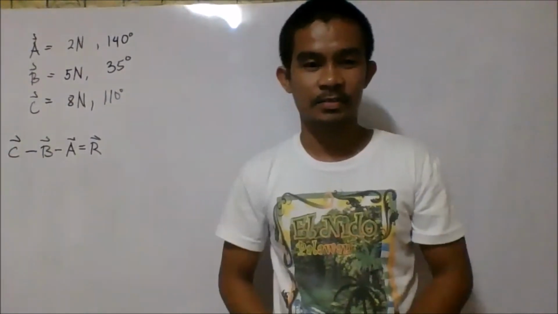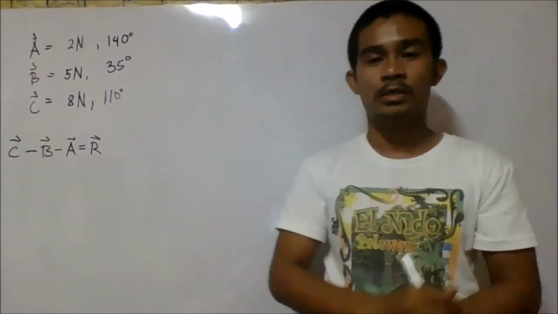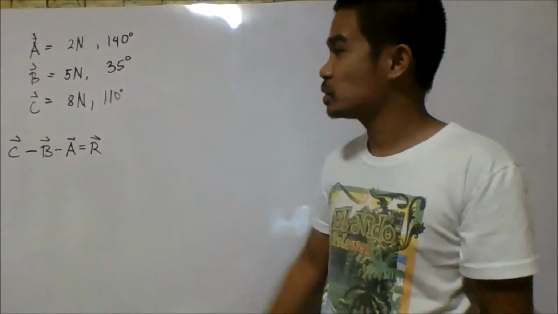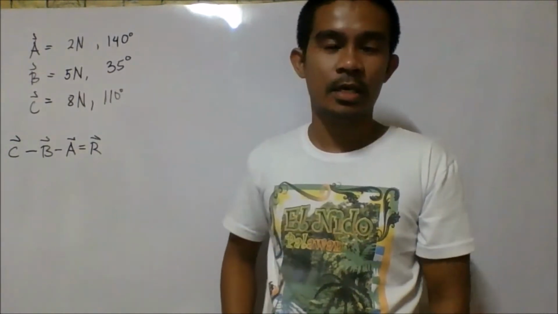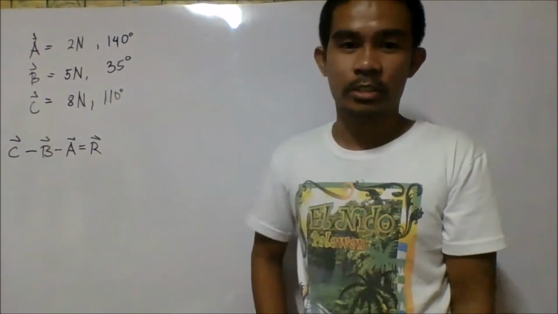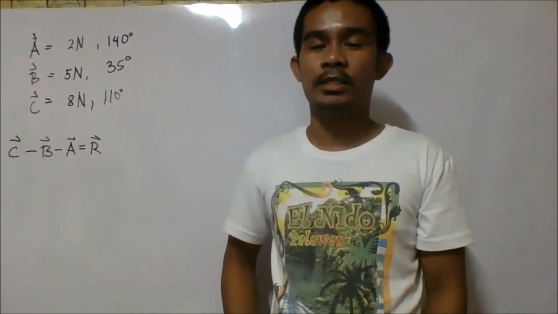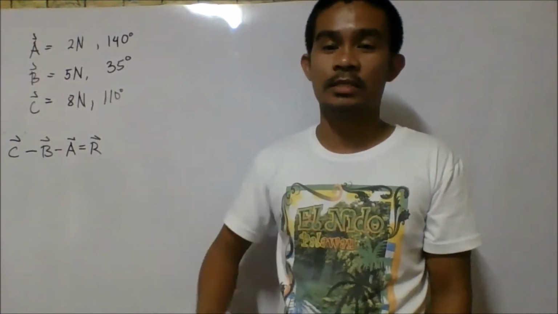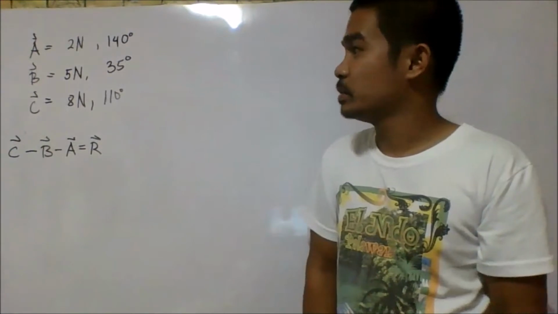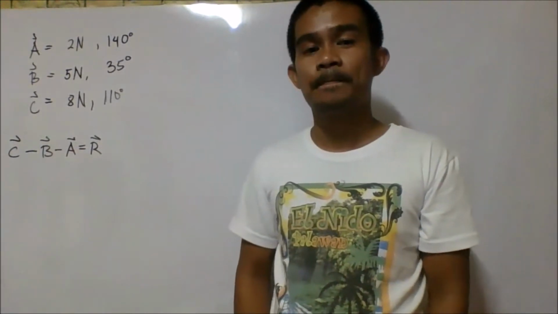So let us have example number 2 of adding and subtracting vectors. Suppose we have these three given vectors. Vector A, whose magnitude is 2 Newton, and it's 140 degrees from positive x-axis in counterclockwise direction. The vector B, 5 Newton, 35 degrees.